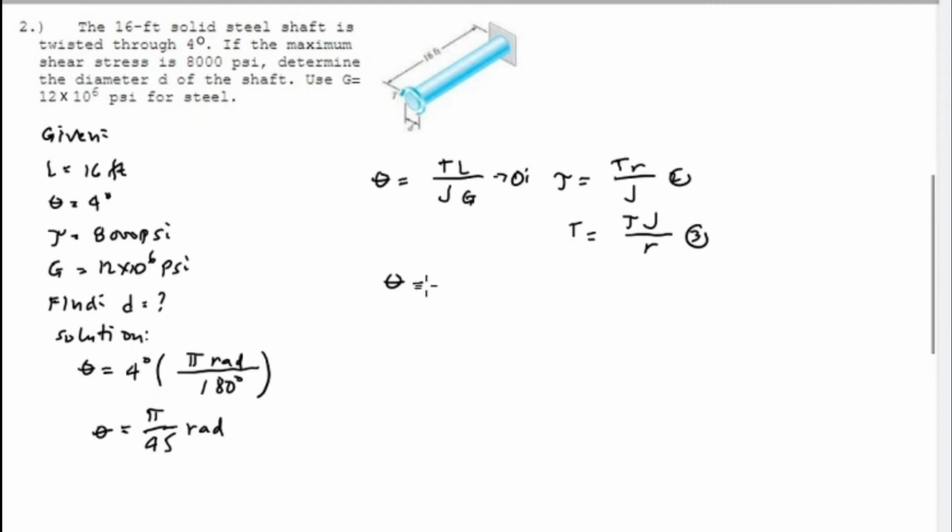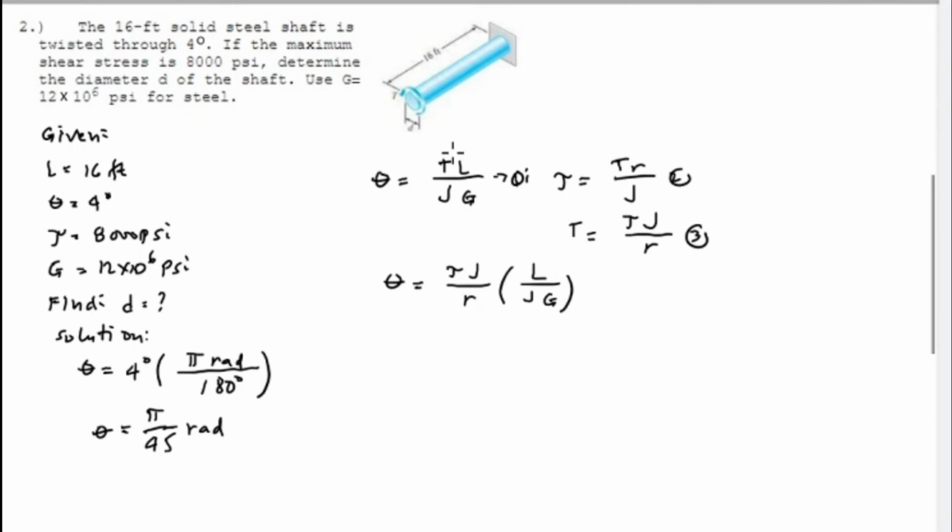Then theta, equation 1, we have equation 2 for T, or equation 3, which is stress times J all over R, and we multiply by L over JG.